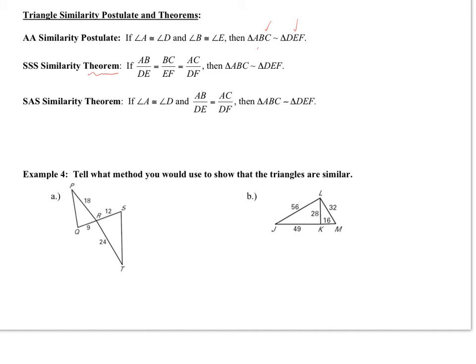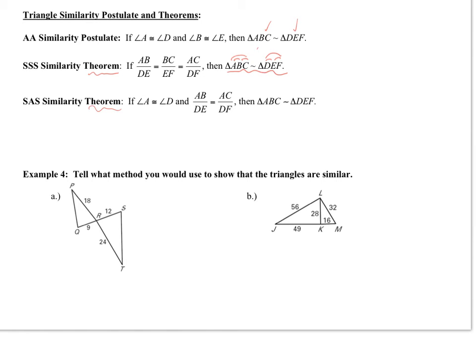When you look for the ratios, make sure you're looking at the similarity statement and that the sides correspond to each other. So AB to DE, BC to EF, AC to DF. And with the SAS similarity theorem, as I showed a couple of seconds ago, you need an included angle that's congruent, and two sets of corresponding sides with their ratios equal to each other.